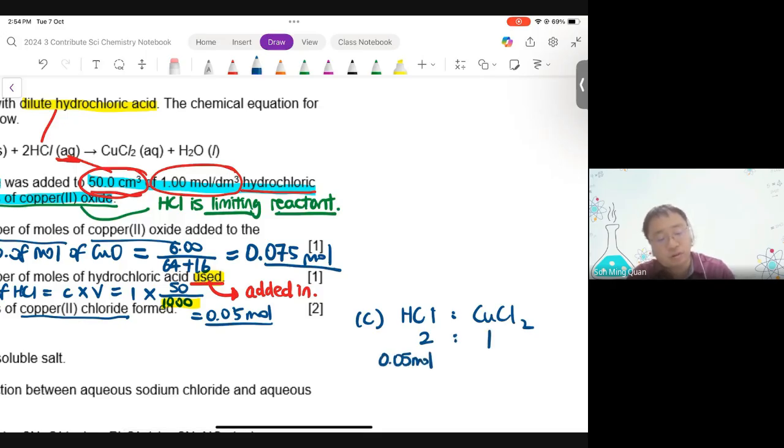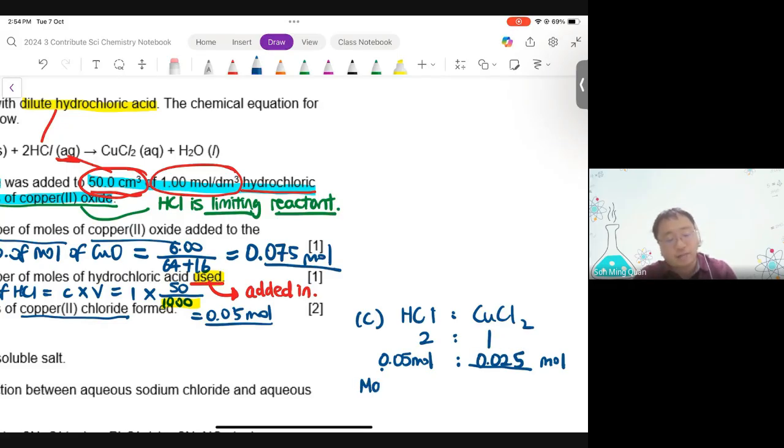0.05 moles of HCl. What is the number of moles of CuCl2? If it's 2 is to 1, it means that the left hand side is 2, got more, right? So the right hand side, 2 is to 1, we should divide by 2. 0.05 divided by 2 is 0.025 moles. You can use a calculator for that.